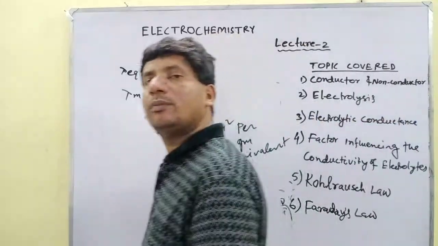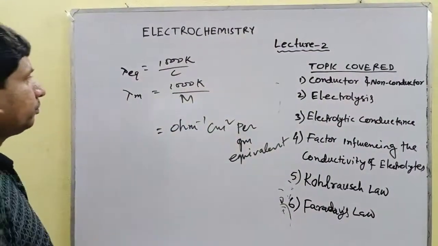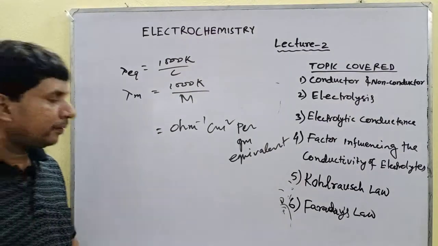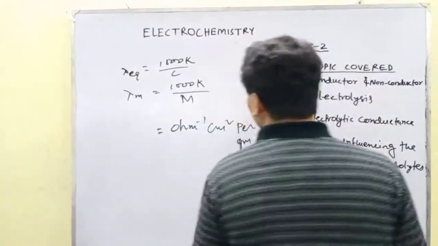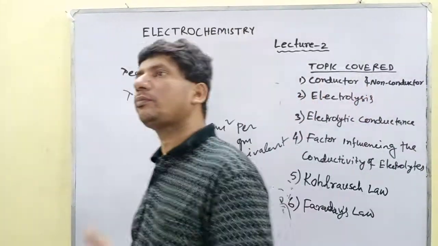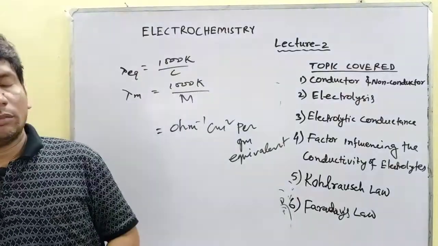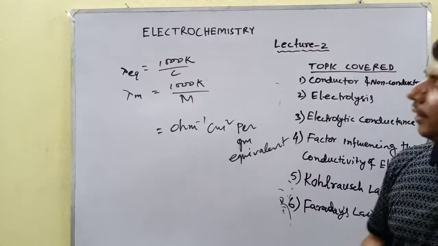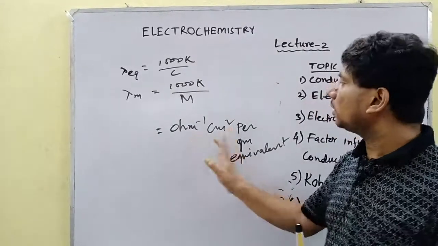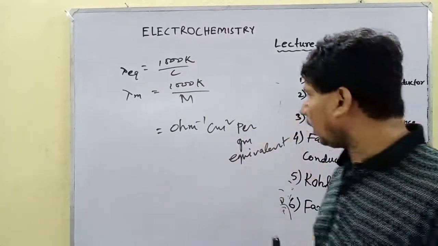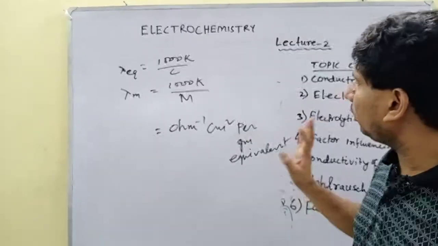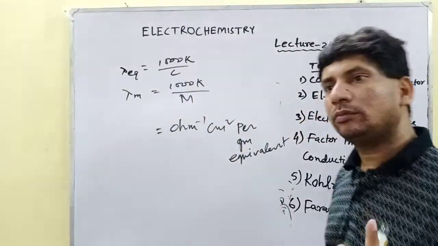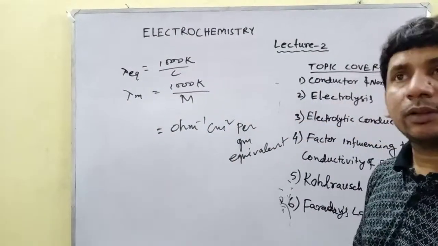So this is the unit of equivalent conductance, and when it is molar conductance then it is ohm inverse centimeter square per gram mole. This is the unit of the conductance.